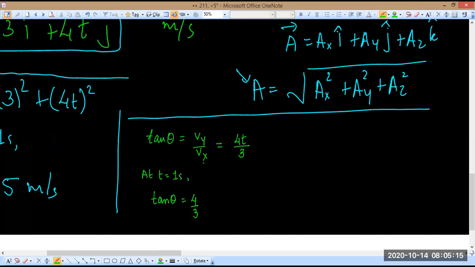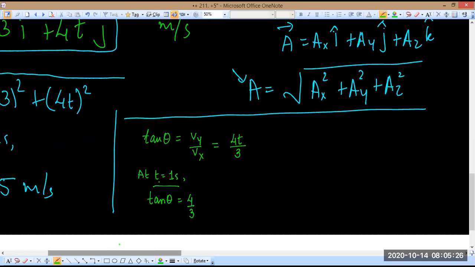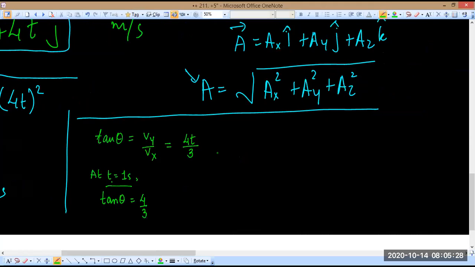So tan theta is Vy by Vx, that is equal to 4t by 3, right? And we put t equal to 1. So we get tan theta is 4 upon 3. So now, based on that, we have got the answer.